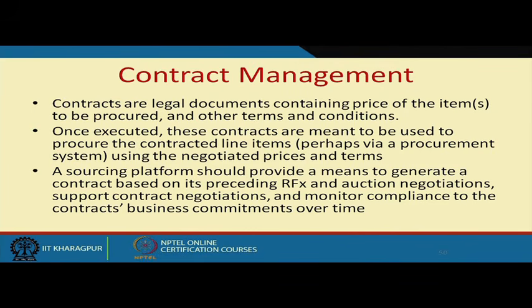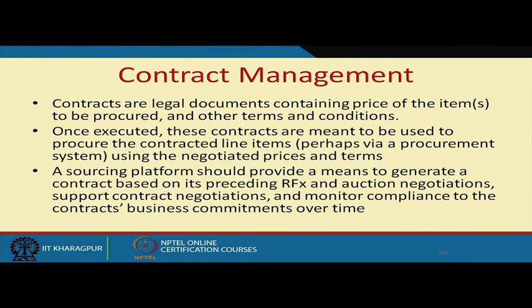Then the next phase is contract management. It is a stage which comes after you decide the source, your price, your delivery schedule and so on. To monitor the activities of your supplier, as well as to monitor the purchasing process after the sourcing, we have this contract management part of the software.